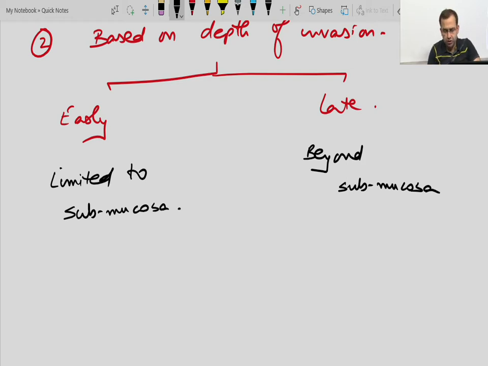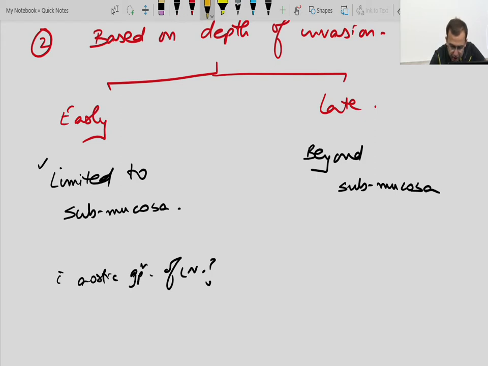So, if you have a question, gastric carcinoma limited to submucosa with para-aortic lymph nodes, would it be early or late? It is early gastric cancer. Do not think that if the aortic nodes are involved, it is late.